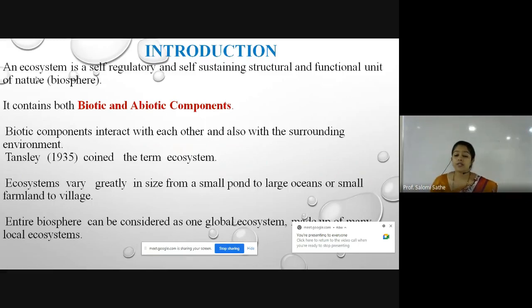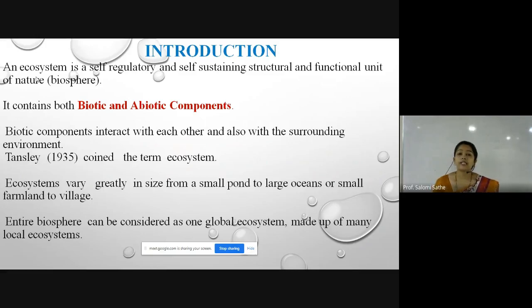An ecosystem is a self-regulatory and self-sustaining structural and functional unit of nature, that is the biosphere. What is biology? Biology is the study of living organism, as we know very well. But in this case, biosphere means which are the living things. An ecosystem is a self-regulatory and self-sustaining structural and the functional unit of nature.